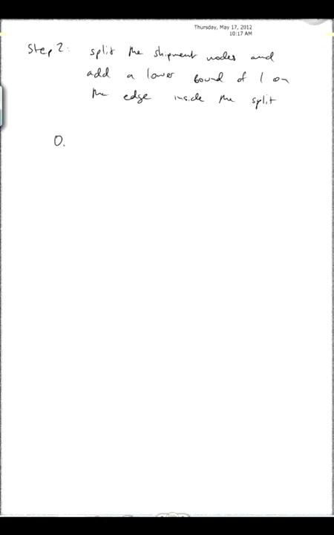So 0 is going to turn into 0 start and 0 end. 1 is going to turn into 1 start and 1 end. 2 is going to turn into 2 start, 2 end. And same thing for 3, 3 start, 3 end.